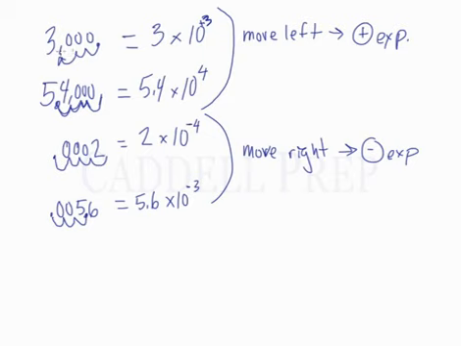I like to think of it as if we go from a large number to a small number, we have to make up for it with a positive exponent. If we go from a small number to a larger number, we make up for that with a negative exponent. But either way, memorizing it is fine. Just whatever helps you do it correctly.